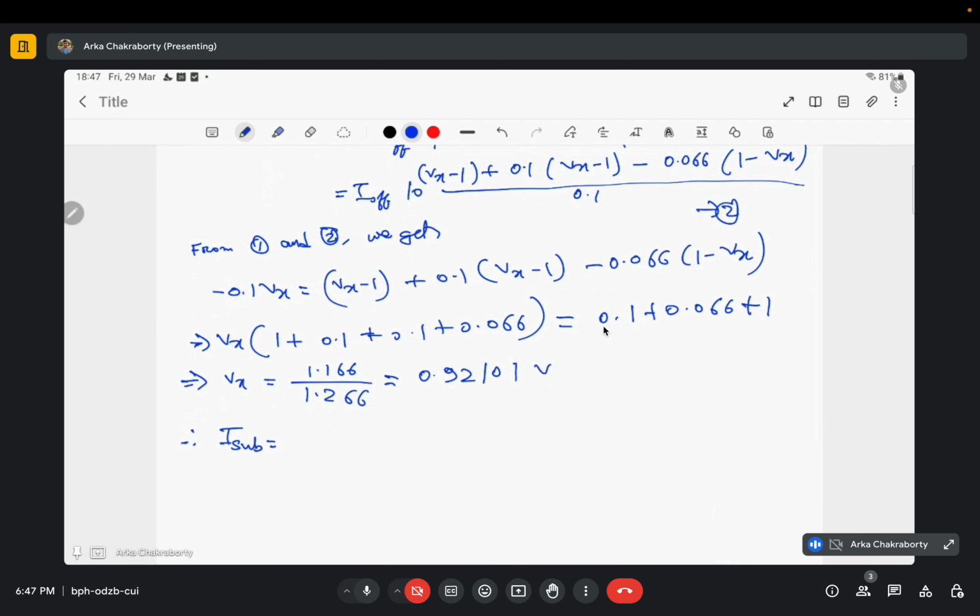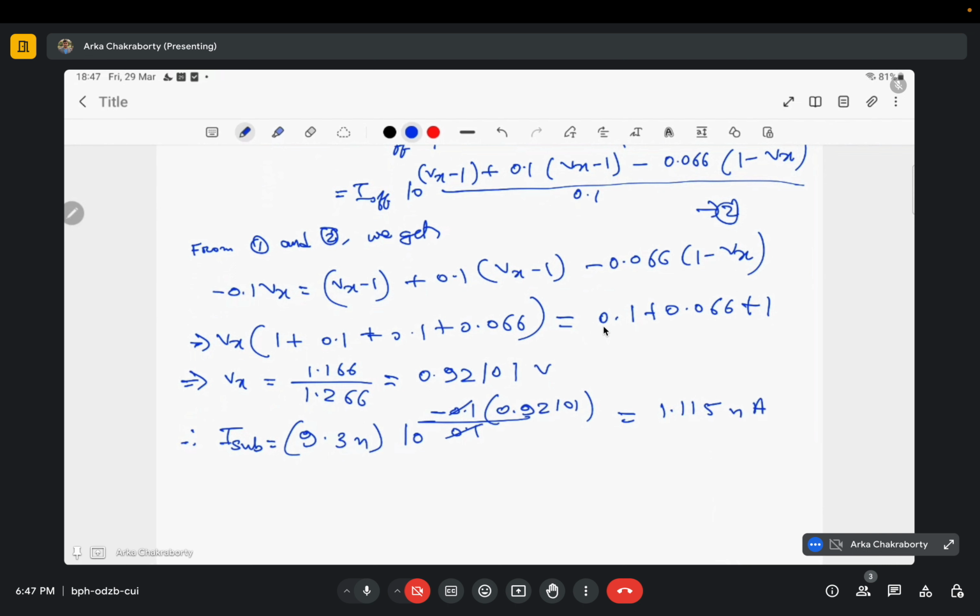Therefore, substituting Vx in equation number 1, we get I sub threshold current equals I of is 9.3 nano into 10 to the power minus 0.1 by 0.1, 0.1 cancels, into Vx. Vx is 0.92101. It will come as 1.115 nanoampere.